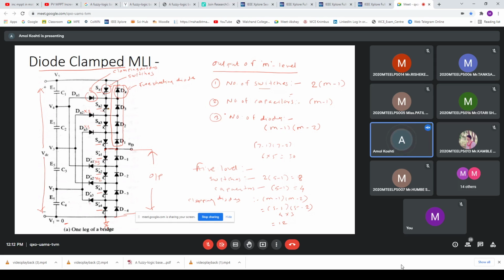So the formula I told you calculates the number of clamping diodes only, with no inclusion of the freewheeling diodes. Here I need 12 diodes. As I told you, to avoid complexity, I have represented only one, but there are two diodes.